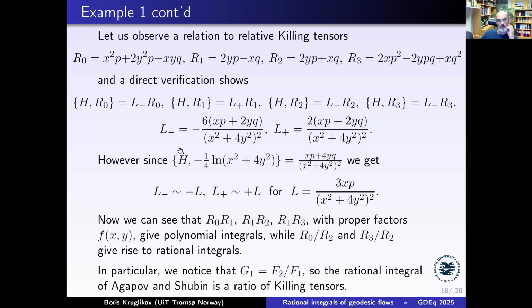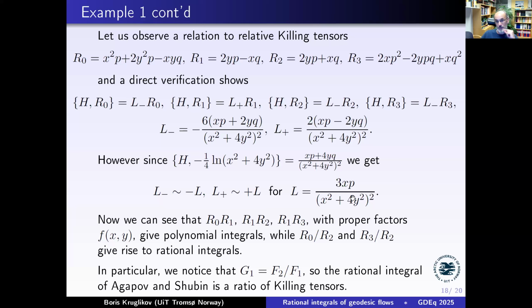Namely, if you take the Poisson bracket of H with this function of x and y, then we get this thing. And that's precisely the differential which we use in modifying the cofactor L. So L minus is cohomologous to a new function L with minus, and L plus to the same function L with plus, where L is this function.